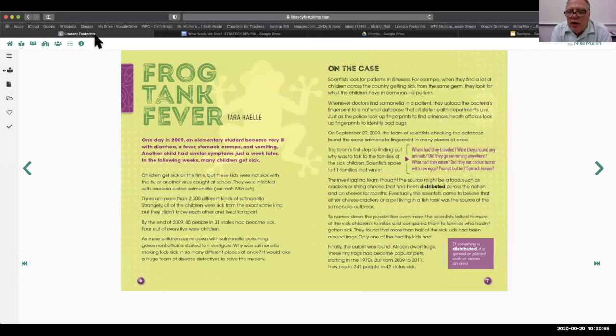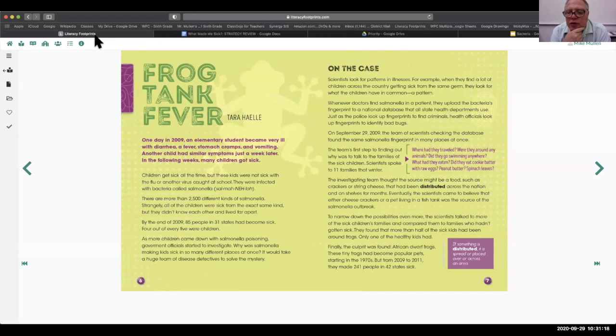Whenever doctors find salmonella in a patient, they upload the bacteria's fingerprint to a national database that all the state health departments use. And just as the police look up fingerprints to find criminals, health officials look up fingerprints to identify bad bugs.